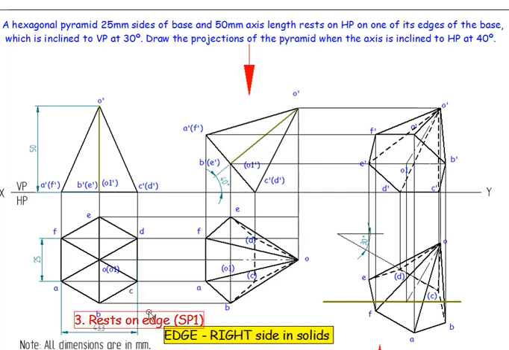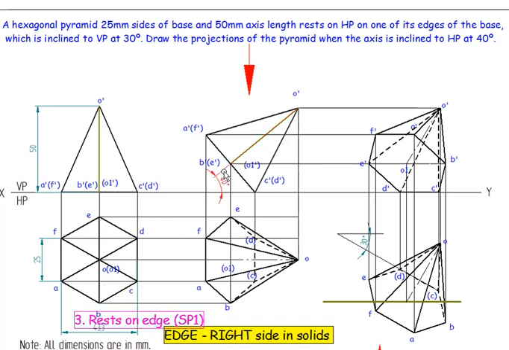This is nothing but DC is resting on edge, and edge should be on the right side in case of solids. So the edge on which it rests we are going to consider as SP1, simple position 1. Earlier it was mentioned as SP2 by mistake because I copied from the previous slide. So this is resting on the edge DC.